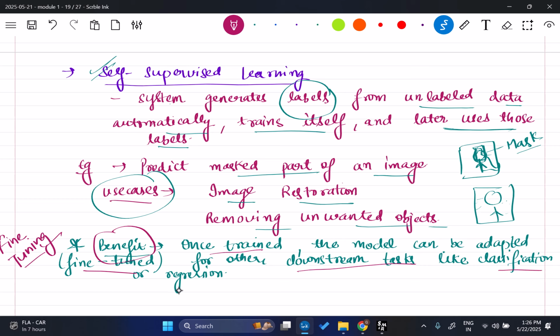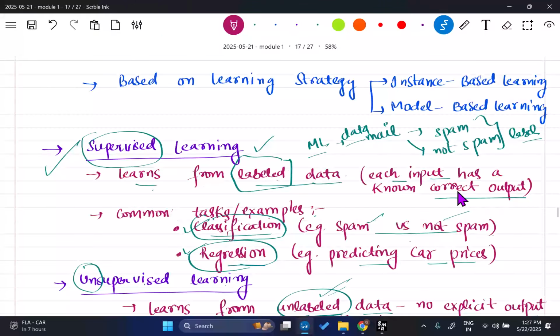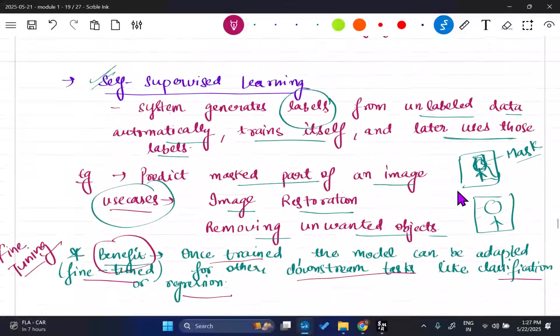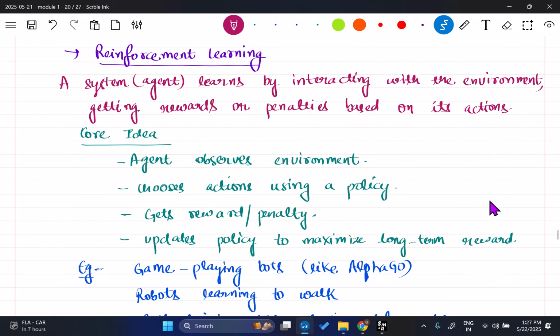So for classification or regression, we can use that self-supervised model and apply it to other tasks. So, till now, we have covered supervised learning, unsupervised learning, semi supervised learning, and self supervised learning. I'm going to talk about reinforcement learning in the coming minutes.